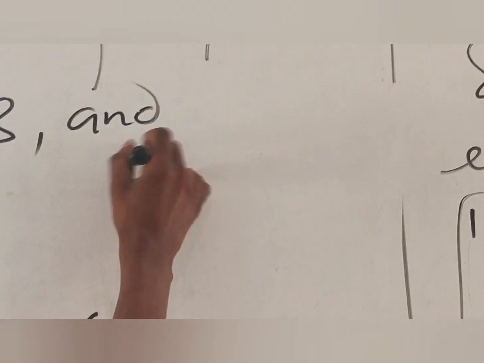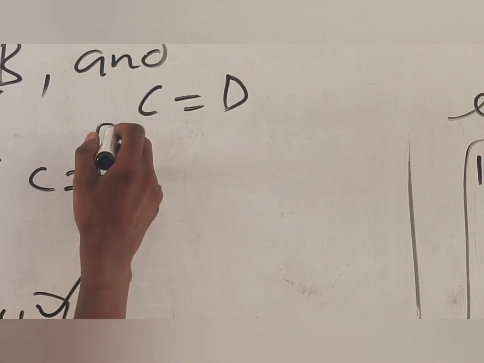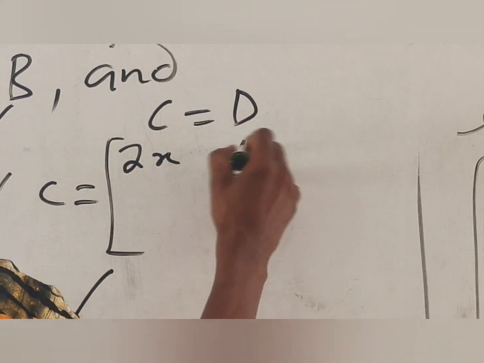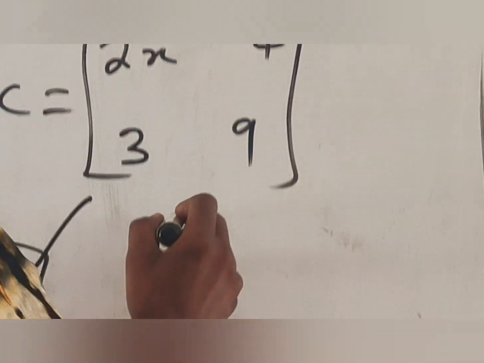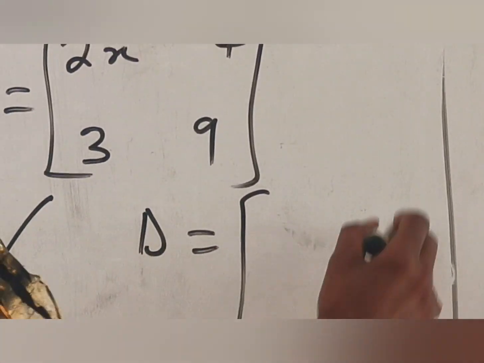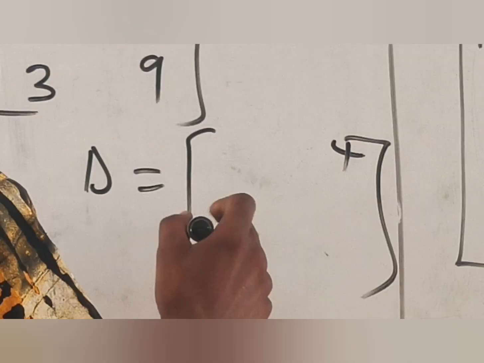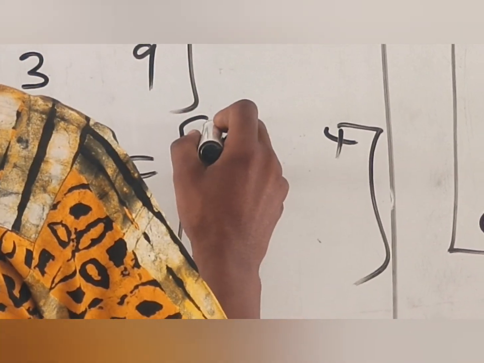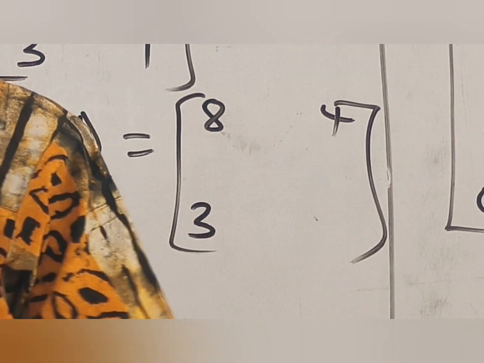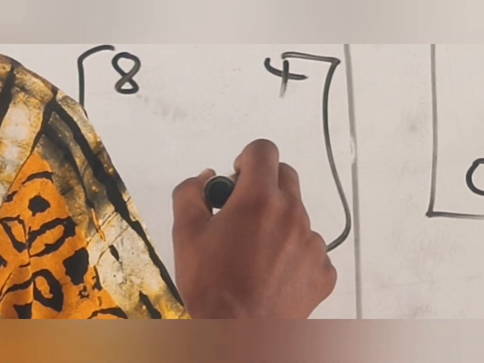Likewise, I give you C equal to D, and I tell you that C is 2x, 4, then 3, 9, and I give you D as 4, 3, 8.